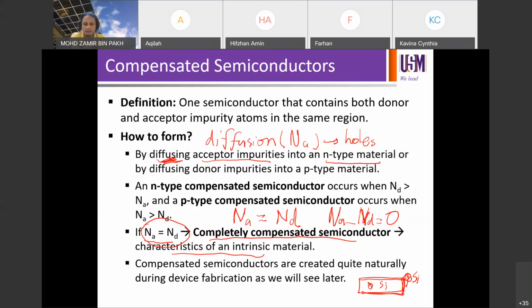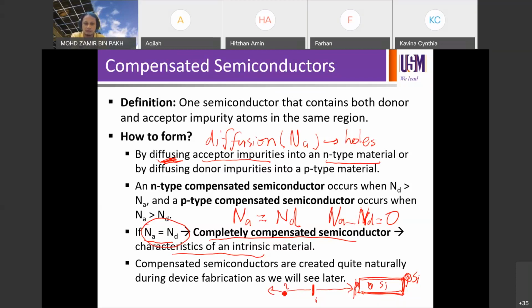Say if I draw a spectrum here, for example, okay, this is intrinsic in the middle, intrinsic kat tengah. So if you go to the left, you are n-type. If you go to the right, you are p-type. Just imagine as a spectrum, okay? So intrinsic is here, right here in the middle, 10 to the 10.